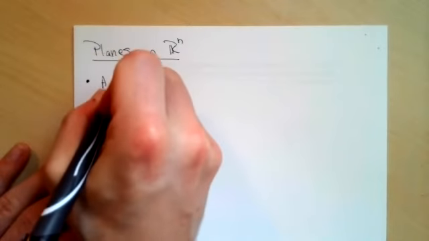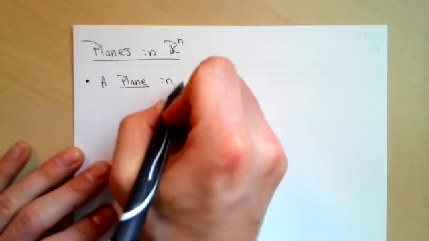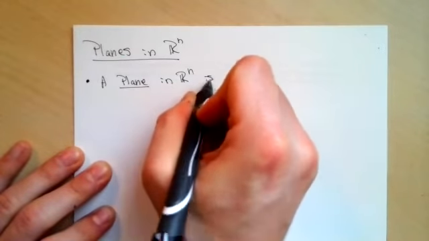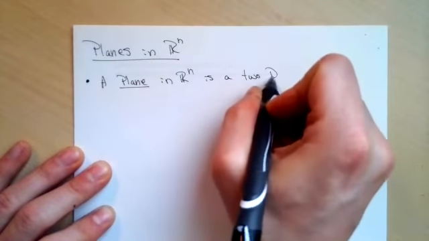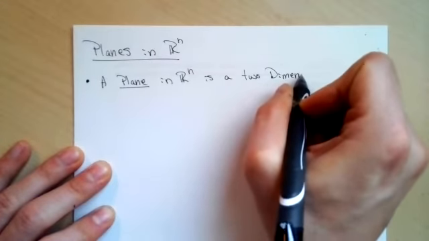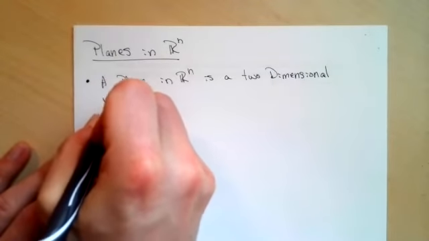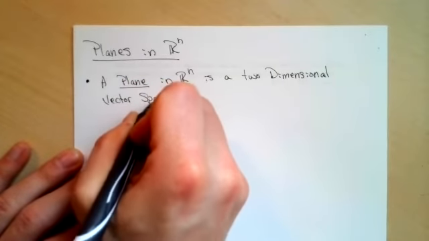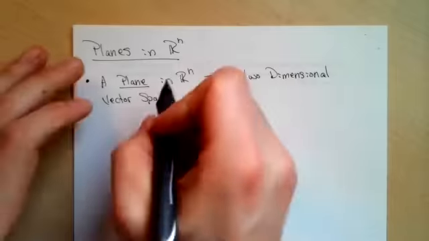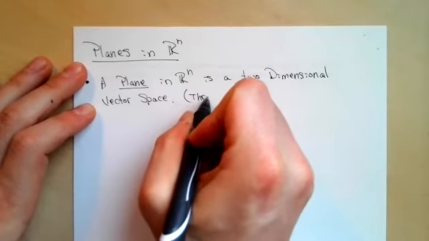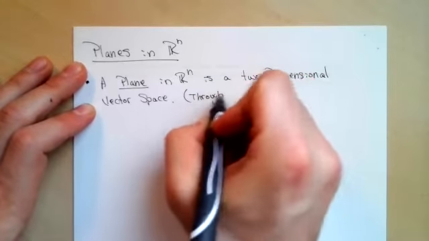So a plane in Rn is a two-dimensional vector space. And again, because we are specifying it as a vector space, that means it has to go through the origin. Every vector space contains the origin, contains 0, 0, 0.